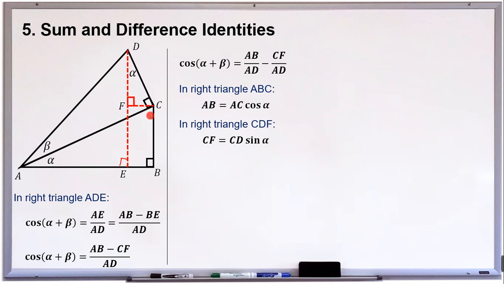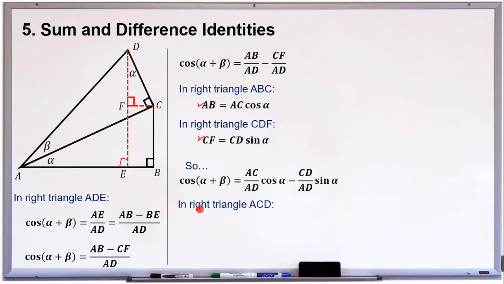So CF is equal to the hypotenuse CD multiplied by the sine of alpha. We all know CF is opposite to alpha. That is why we use the sine identity. Now, we are going to substitute these two expressions into our equation. So for AB, we have AC cosine alpha over AD, minus for CF, we have CD sine alpha over AD.